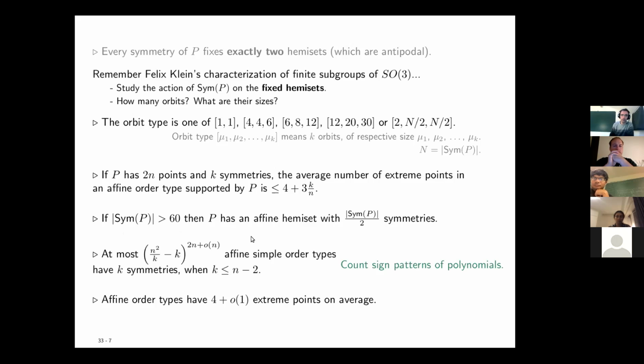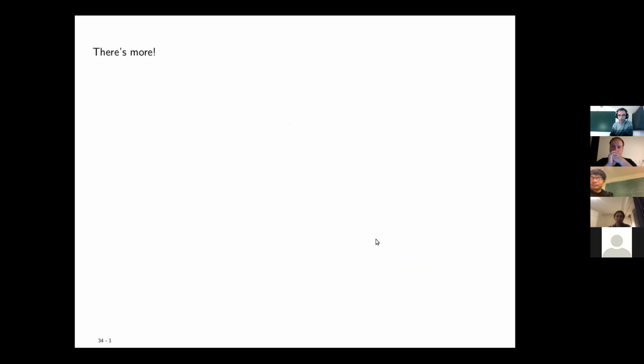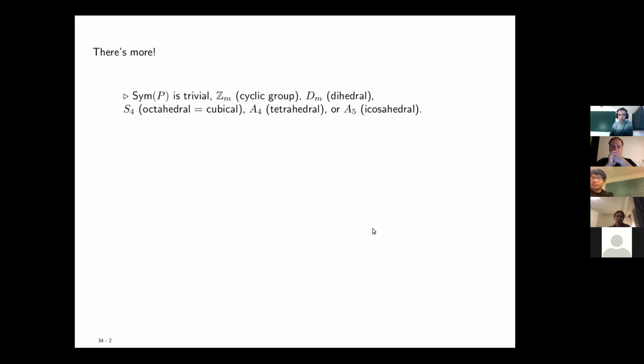And putting all this together, we managed to go back to this averaging formula and get rid of those mu, omega, the weights, the multiplicities of the order types. So I'm not claiming I give you a proof, but these are the key ideas we have to use in the proof. And in fact, along the way, we can actually characterize what the possible groups are.